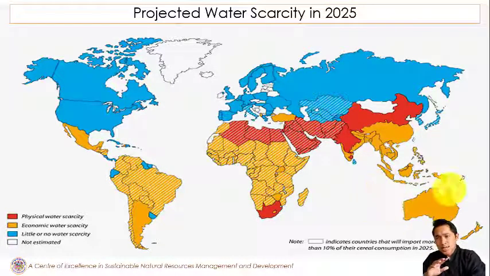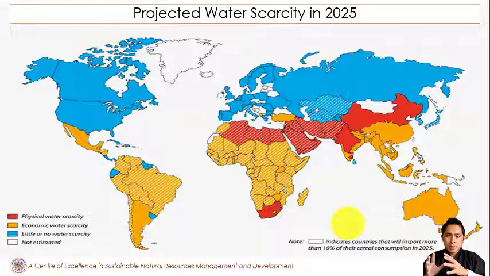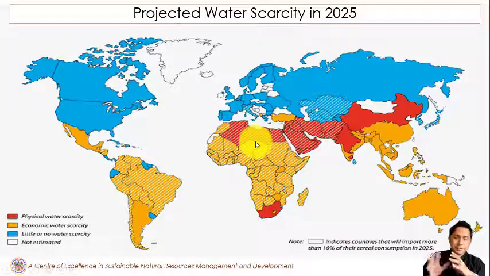If you look at the yellow or light brown areas, these are the areas that are close to physical water scarcity. They will have water shortage even for economic purposes like building hydropower dams and all. And those areas with the light blue are the areas where a little water scarcity is going to take place.